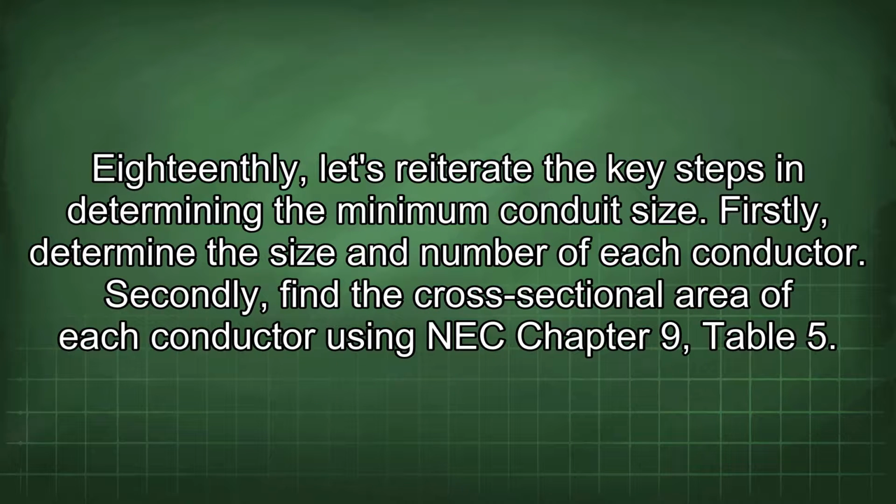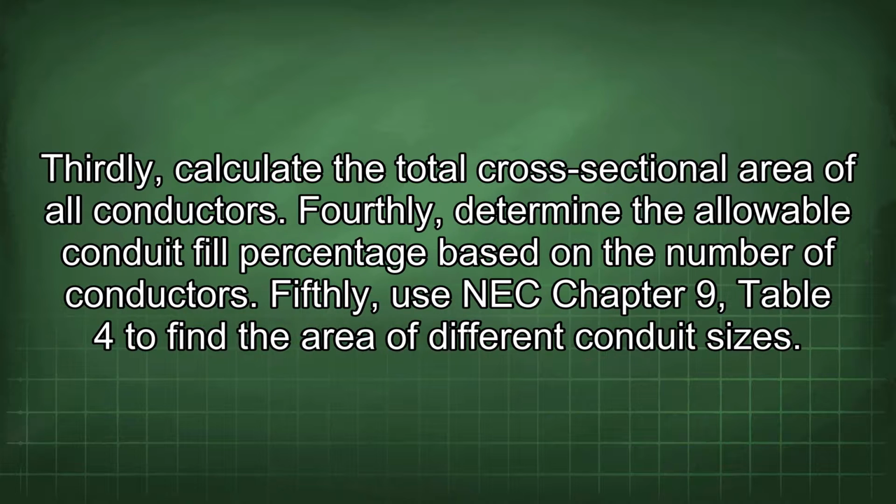18thly, let's reiterate the key steps in determining the minimum conduit size. Firstly, determine the size and number of each conductor. Secondly, find the cross-sectional area of each conductor using NEC Chapter 9, Table 5. Thirdly, calculate the total cross-sectional area of all conductors. Fourthly, determine the allowable conduit fill percentage based on the number of conductors.